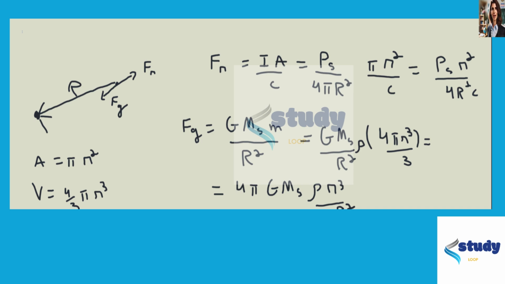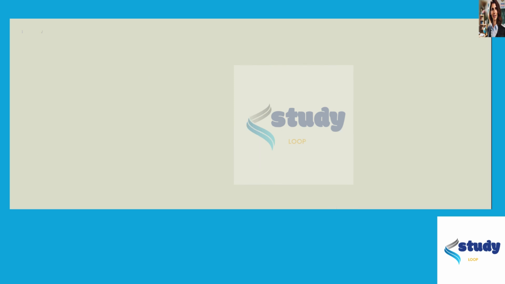Now we want to know at what radius this happens. So let's find out the condition where F_R is equal to F_G. So let's write both sides.